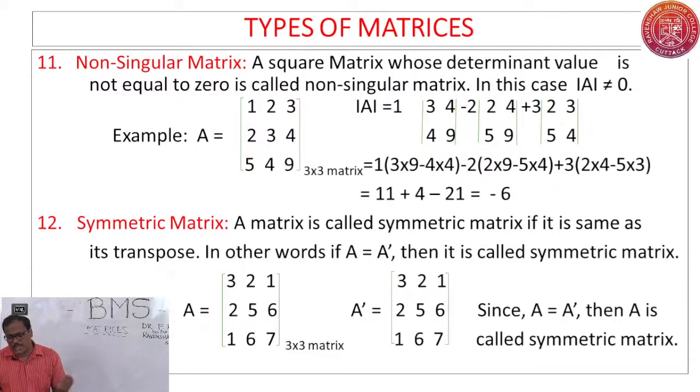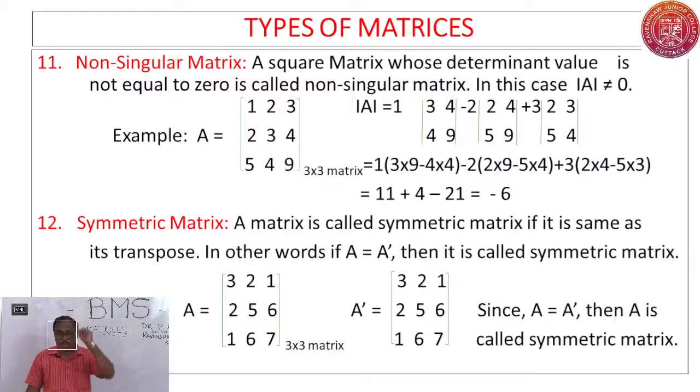Then comes -2, that is 2, 4, 5, 9. So 2 into 9 minus 4 into 5, then plus 3, that is 2 into 4 minus 3 into 5. After simplification, we find the value is minus 6, which is not equal to 0. That means this is non-singular.